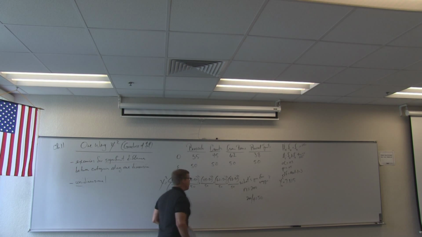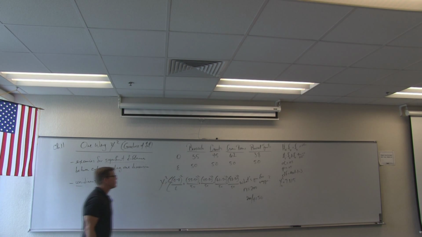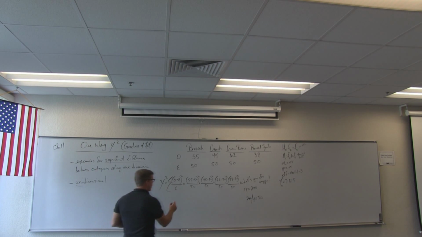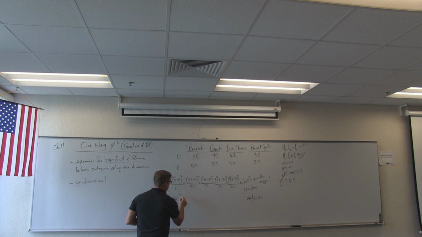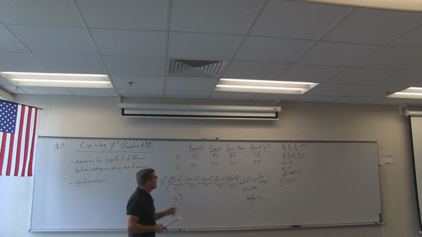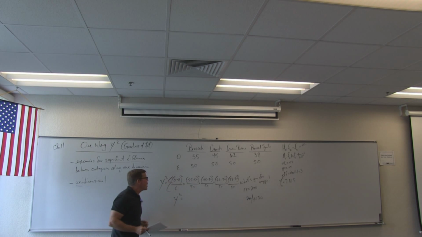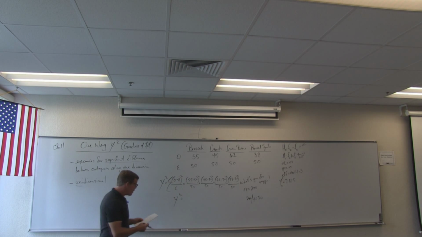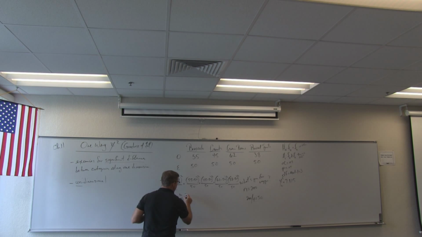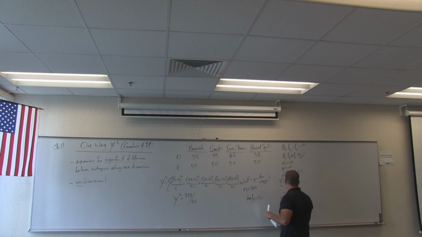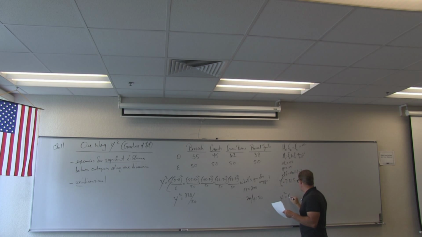A lot of arithmetic here. A lot of busy work. I took care of that for you. If we compute these operations and then square each numerator and divide by 50, we end up with 338 over 50, or a chi-square calculated value equal to 6.76.